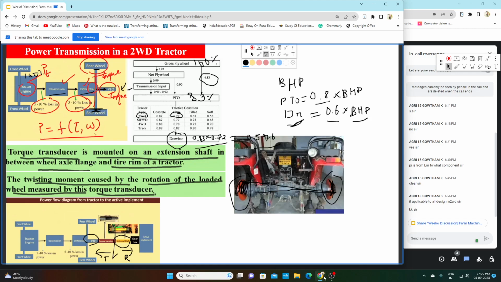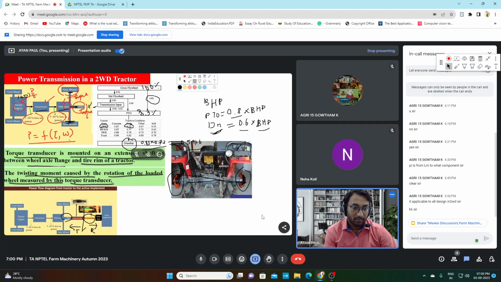Okay, is this clear to all of you? Again I am repeating, two torques we are measuring. One is the torque of the rear wheels. Second is the torque of the PTO. For measuring the torque of the rear wheels, we are putting the torque transducer in between the extension of the rear wheel flange and the rim.